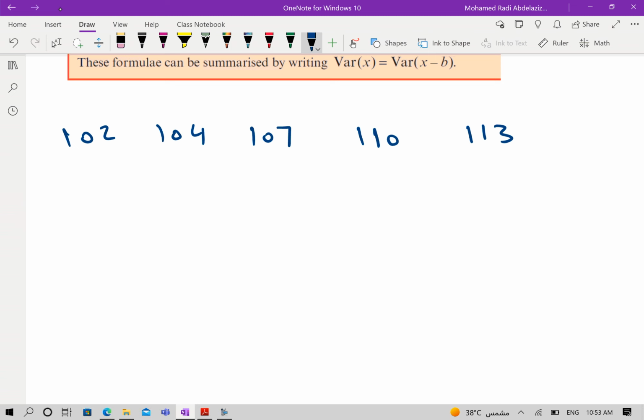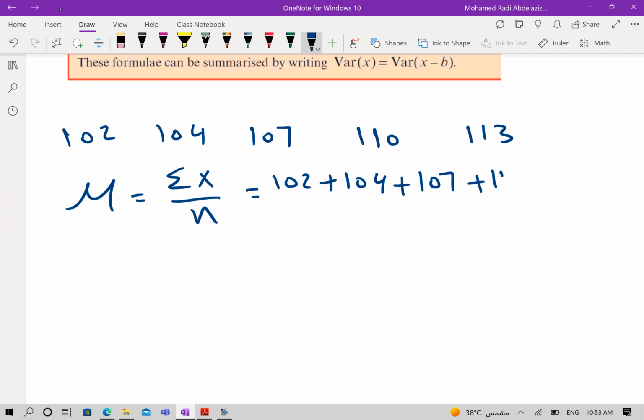How many values do we have? 5. How to calculate mu? Mu is sum of x over n. Sum of x, which is 102 plus 104 plus 107 plus 110 plus 113 divided by 5.